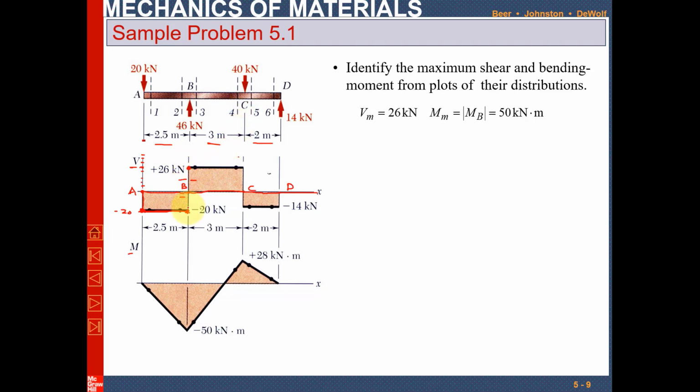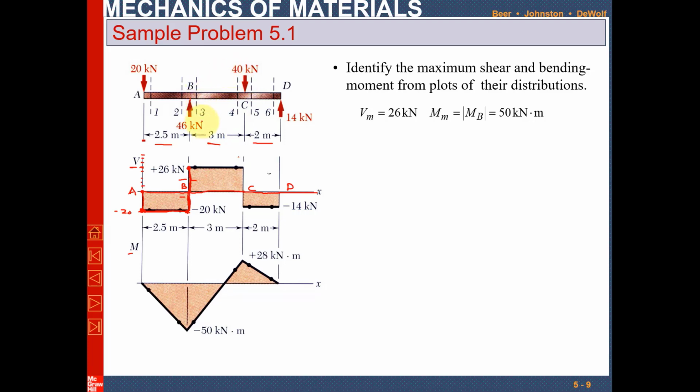If you join the line, what does it show you? It is a straight line. This portion shows the shear force just before point B, and this portion, from this axis to the upper portion, shows that just after point B the shear force has changed.